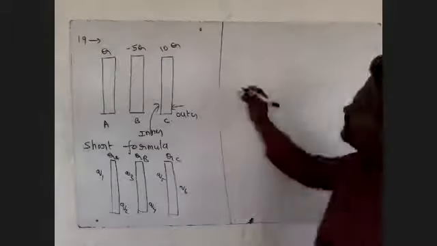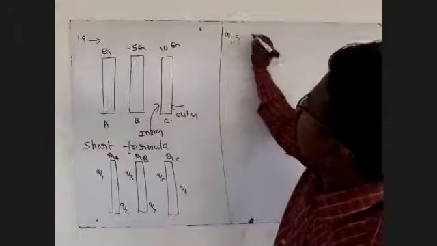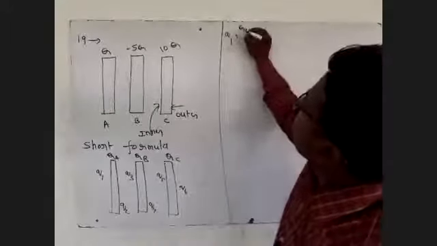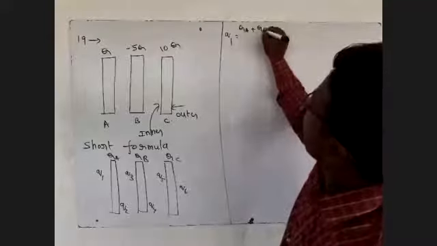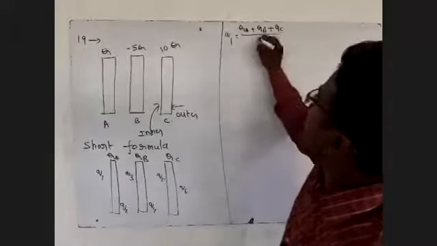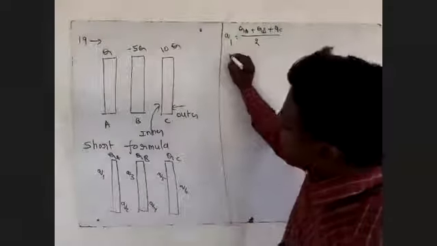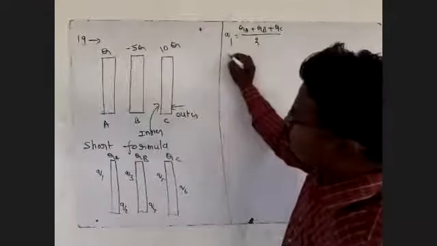I'm going to write the shortcut first. How can you find Q1? Q1 is QA plus QB plus QC, by 2.